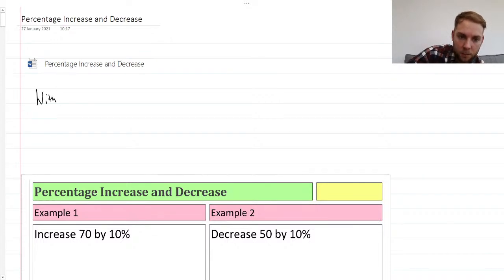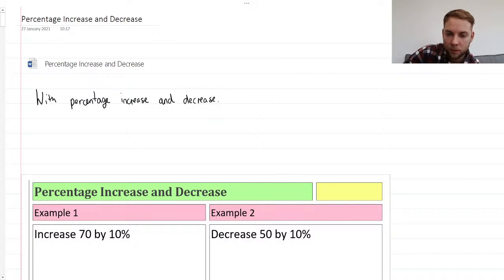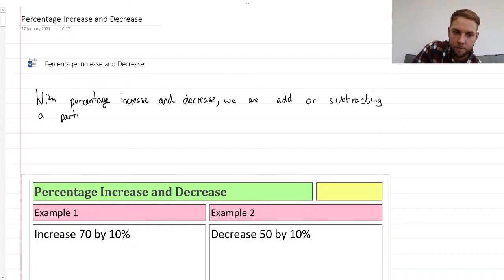With percentage increase and decrease, we are adding or subtracting a particular percentage.